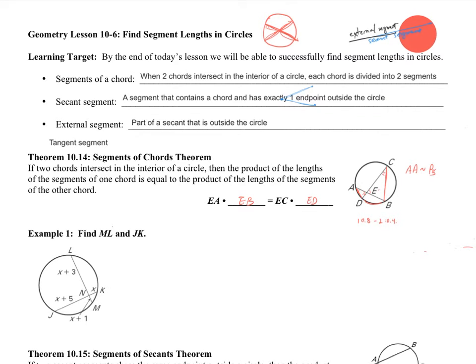So if I set up a proportion, EA to EC, because these two sides correspond to each other, and ED to EB, and then I can move AB to this side by multiplying by both sides, and then EC.